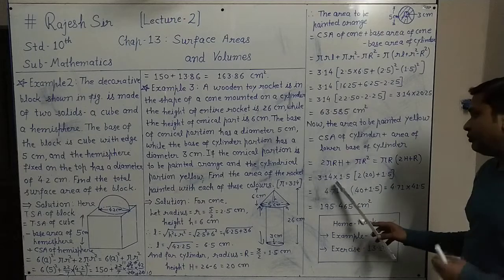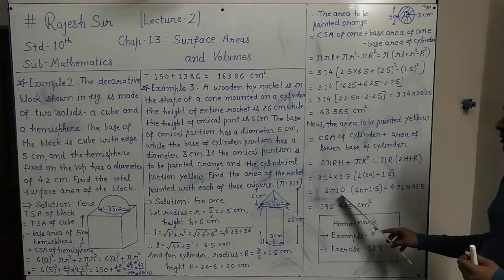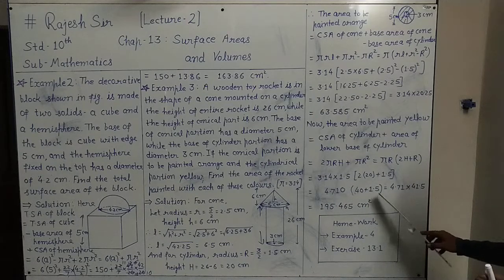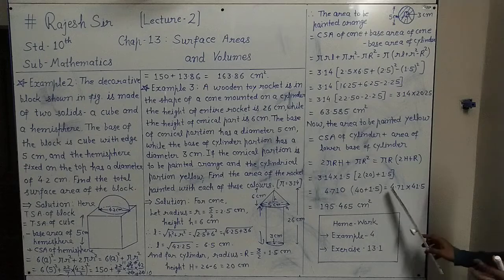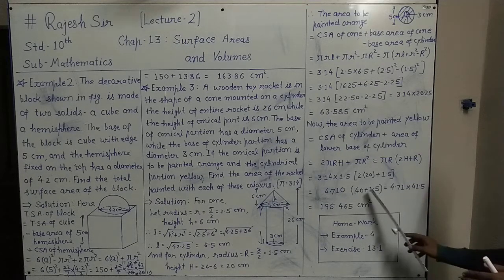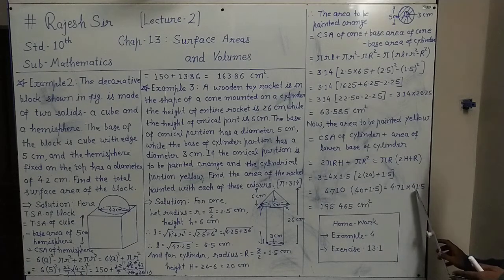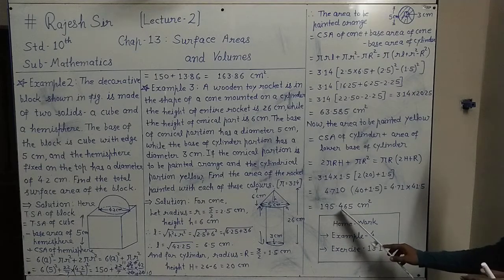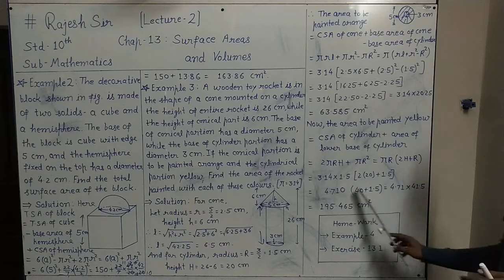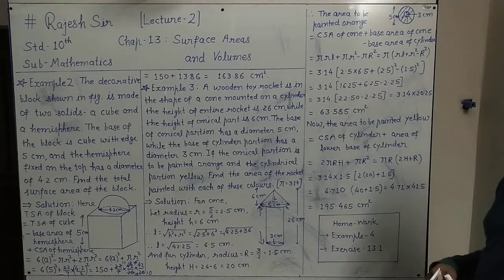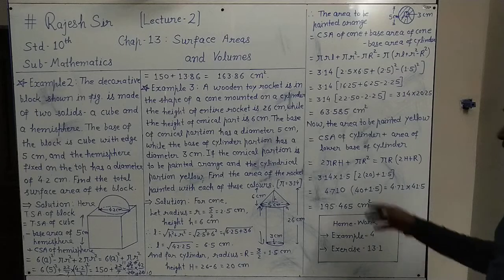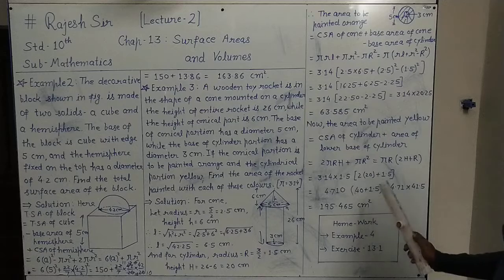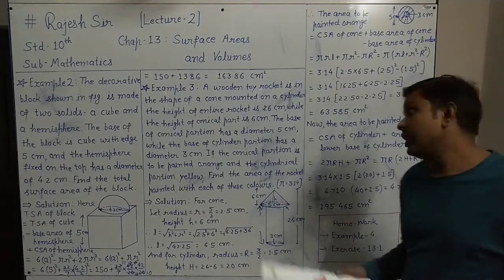Simplify this: 3.14 into 1.5 will give 4.710, in the bracket 20 into 2 is 40 plus 1.5. Multiplying these two will give 195.465 centimeter square. This shows how much yellow color we have to paint on the cylindrical portion. So this way we have found how much of each of the colors we have to paint for the particular question.